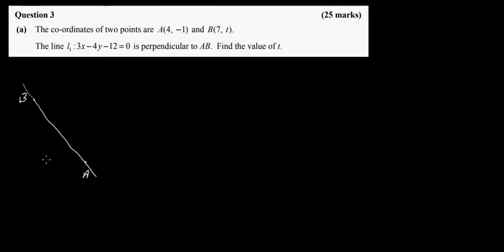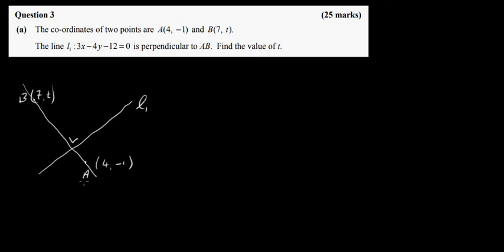So we have another line maybe going up like this, and this is L1 here. We've got to find the value of t. So we have A here which is (4, -1), and B here which is (7, t).